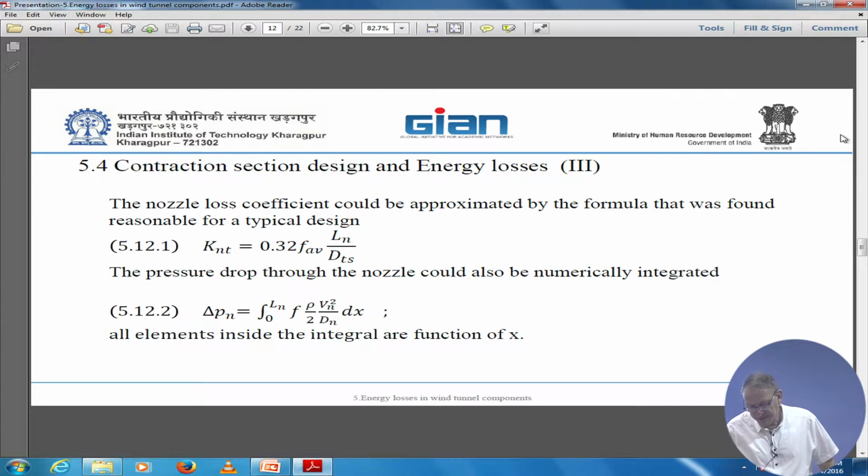But then the reduction of turbulence is in that ratio. You see it in the formula for 516.1. As you want to reduce your turbulence more, K should be less.